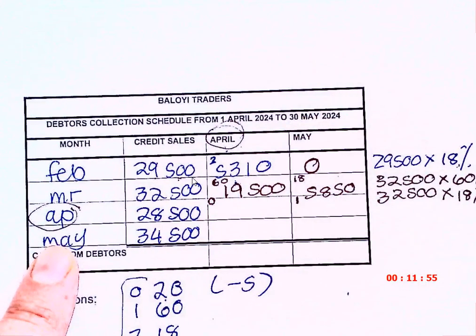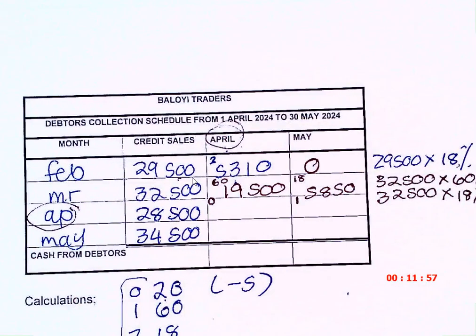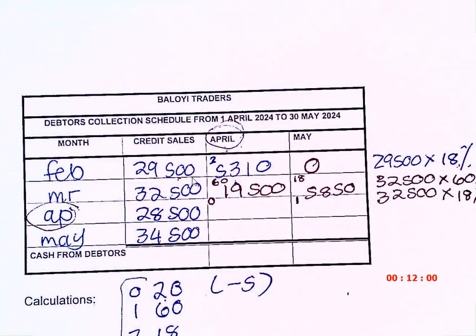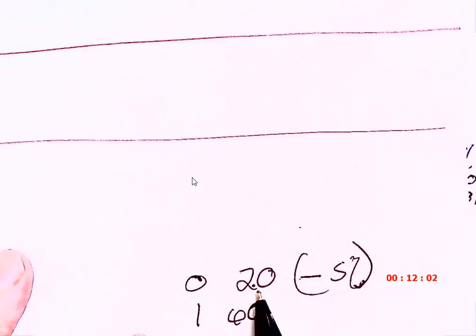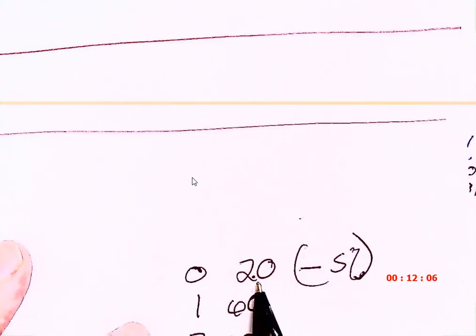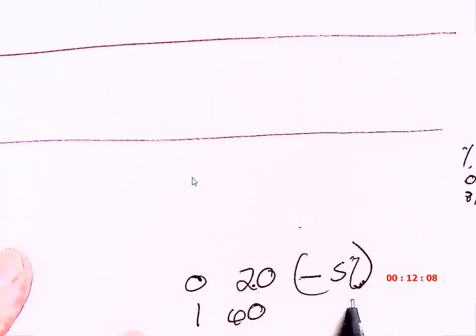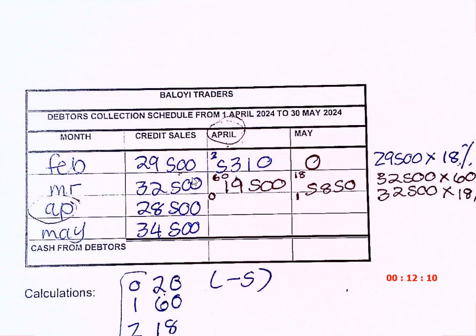What happens in month 0? In month 0, 20% of the people pay, and for the 20% I give a 5% discount. So how will I do that? I'm going to do April here.